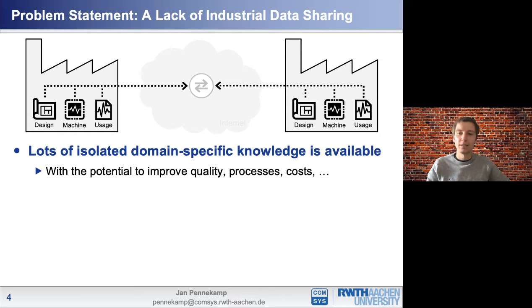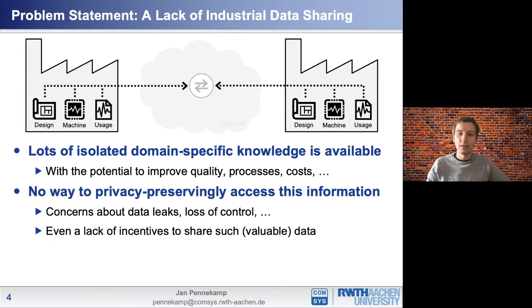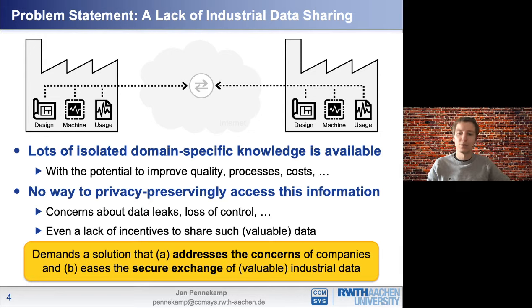Now, what we need is a way to exchange this information. Currently, there is no privacy-preserving way to do this, and therefore companies have concerns about participating, and potentially even lack incentives to do so. So we require a solution that addresses these needs and also is secure at the same time.